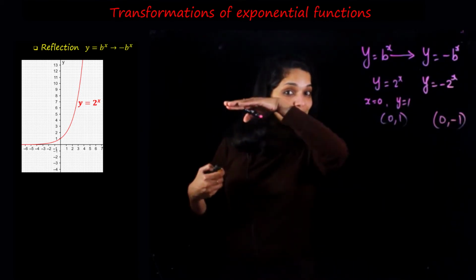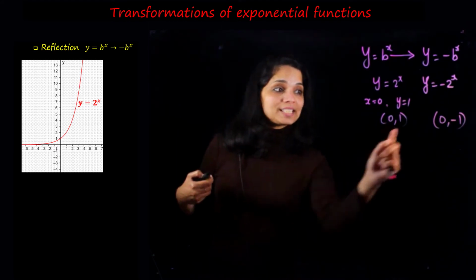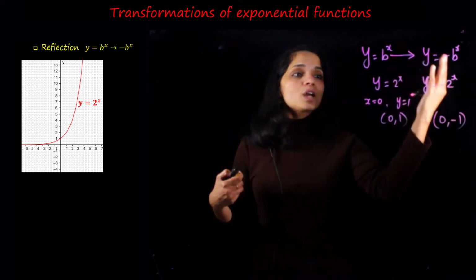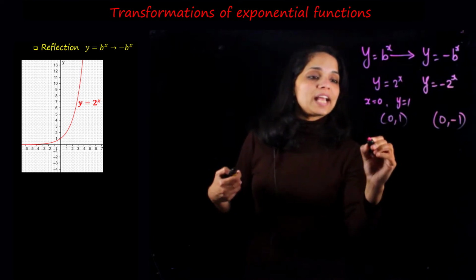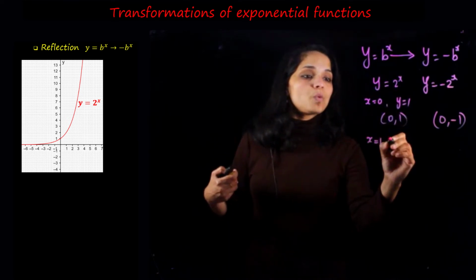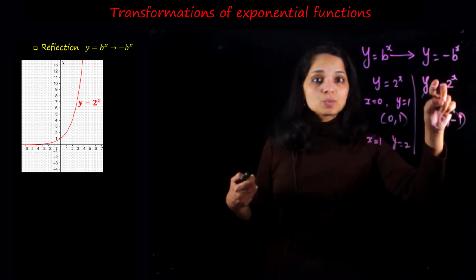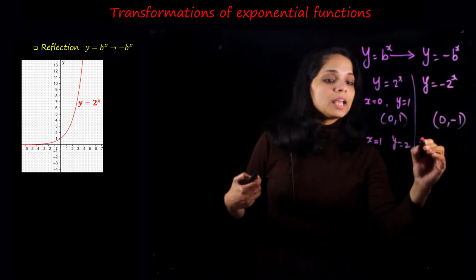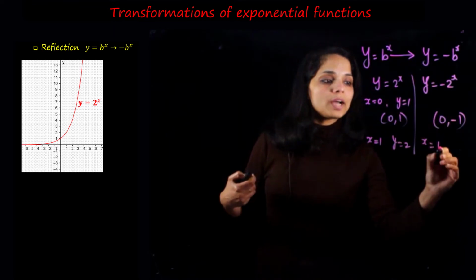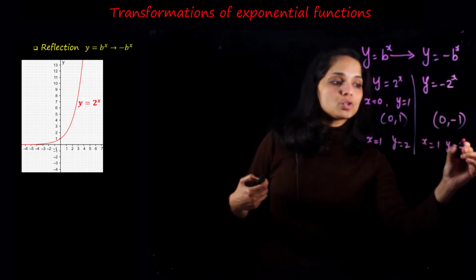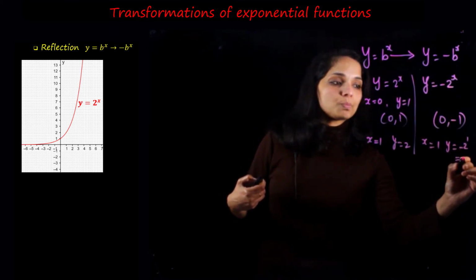If you want, you can take one more point, x equals 1. For the parent function, y equals 2, and for the transformed function, x equals 1 gives y equals minus 2 to the power 1, which is minus 2.